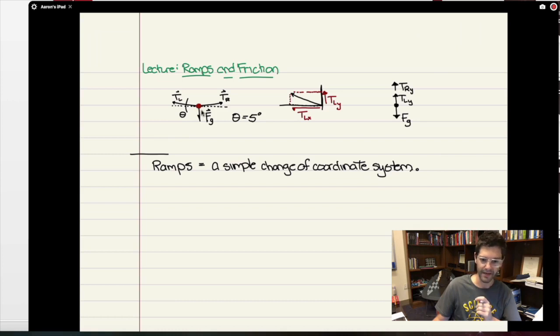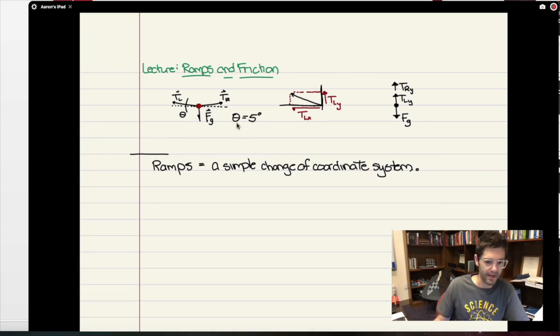I'm doing a free body diagram of the person. Their weight is pulling them down, but they are in contact with the rope on both sides of their feet. Those two pieces of rope exert a tension force that points along the rope away from the person or the object that is touching the rope.